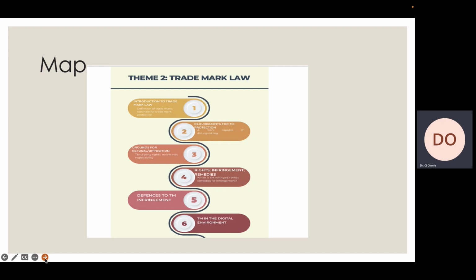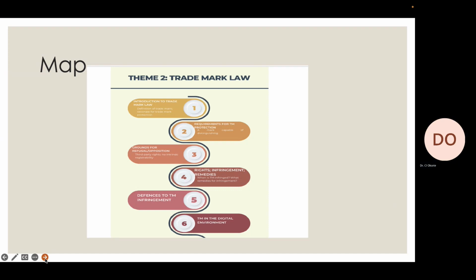And so now we're dealing with: you filed an application to register a trademark. To your mind, you believe that you have a mark within the meaning of the trademark law, and that mark has been used, or you intend to use that mark in relation to goods or services, and you believe that the mark is capable of, or you're using the mark for the purpose of, distinguishing your goods or services from those of another.